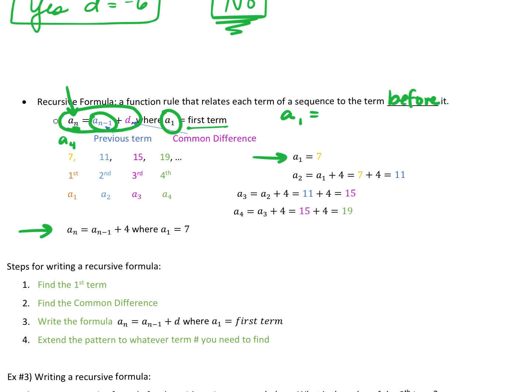Well, if n is 4, then I'm looking for A sub 4 minus 1, which is A sub 3, the term before A sub 4. So all this is saying is what was your previous term, the term right before this? And then it'll be plus d. What are you doing to it? You're adding some common difference to it.